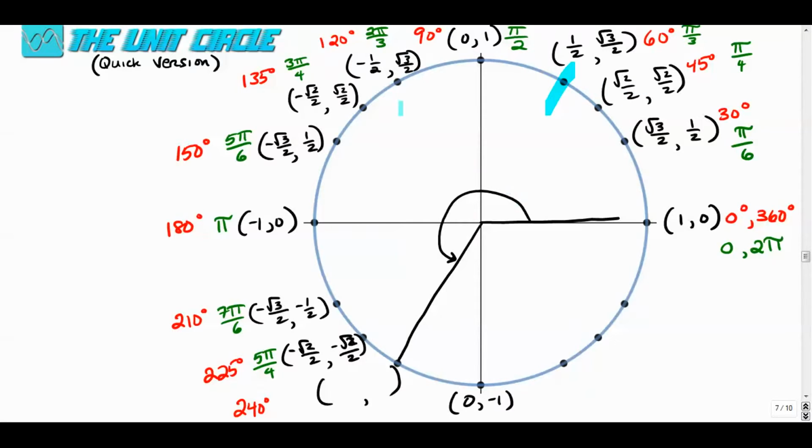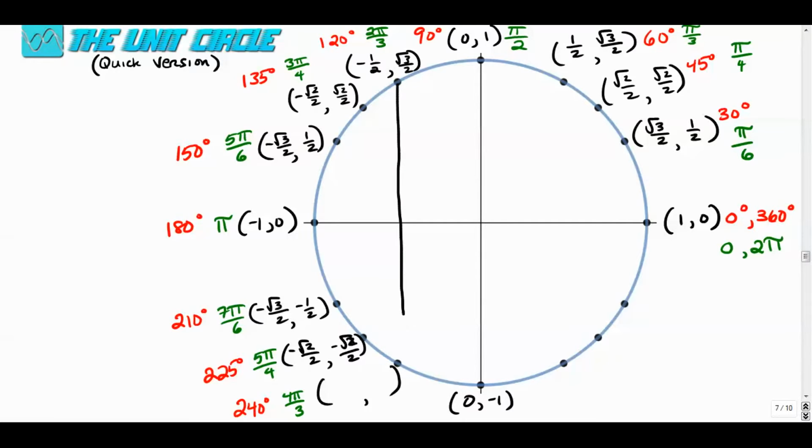So I've got 1 pi over 3, 2 pi over 3, 3 pi over 3, 4 pi over 3. Those values are going to mimic the other pi over 3 values. If I look straight up here and match these up, it's negative 1/2, negative radical 3 over 2.